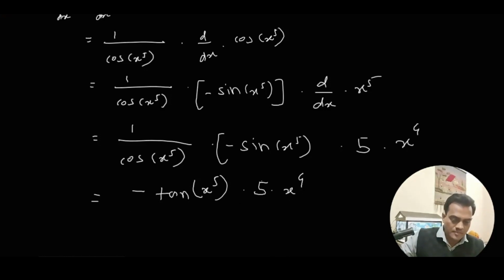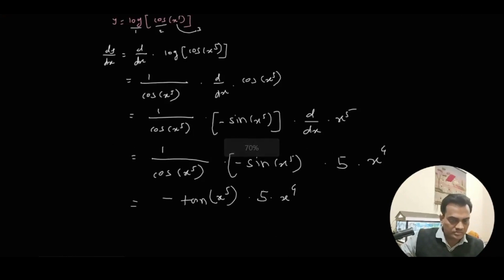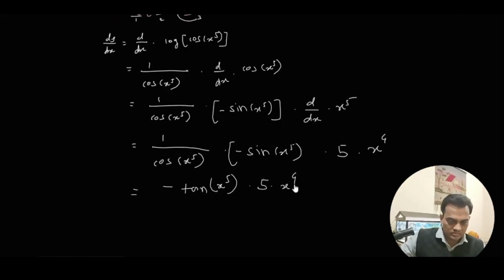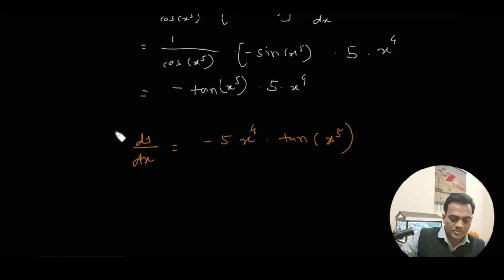So in short, dy by dx will be equal to minus 5 x raised to 4 into tan of x raised to 5. So this is our final output.